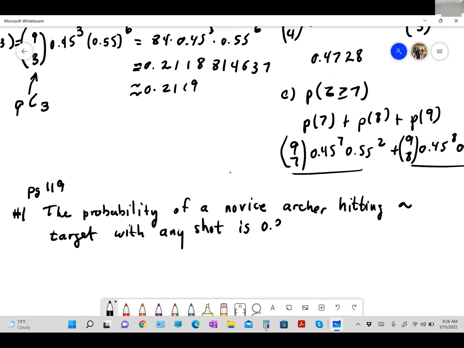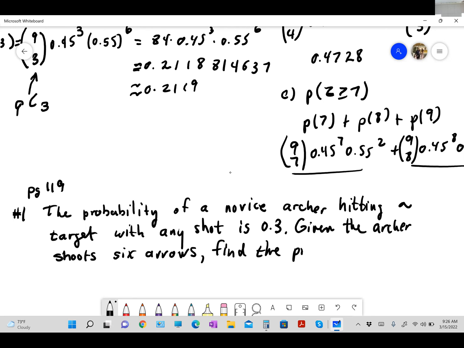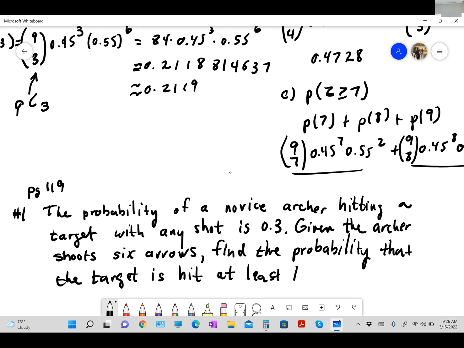Given the archer shoots 6 arrows, find the probability that the target is hit at least twice.